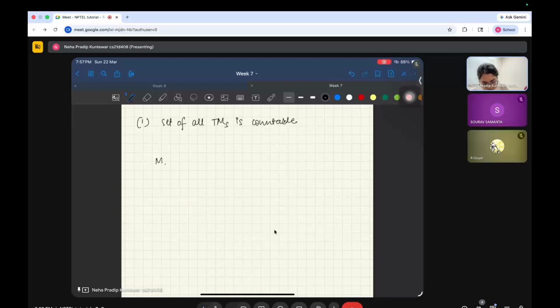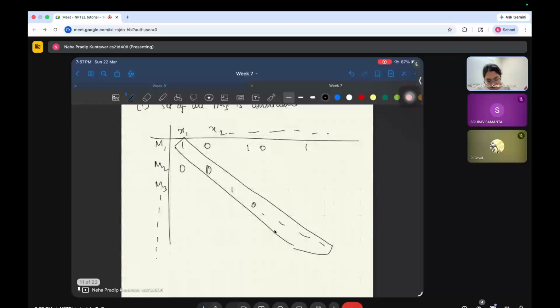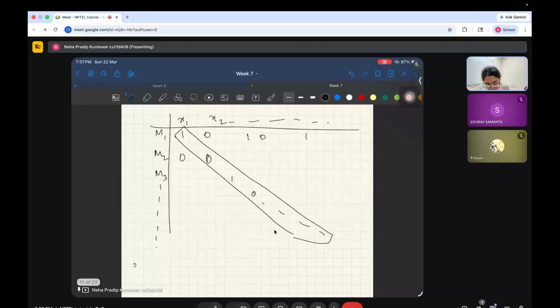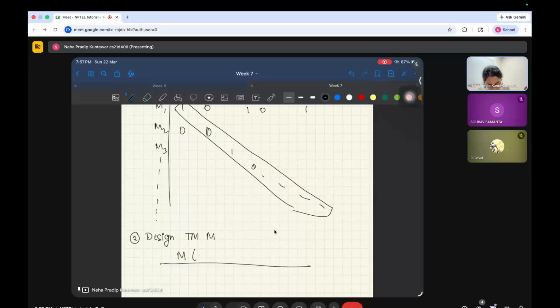Then here is a listing, M1, M2, M3 and so on, and we have all the entries with us. In particular, let's look at the diagonal entries. Now I'm going to design a Turing machine M, which is as follows. What does it do? M on input X.